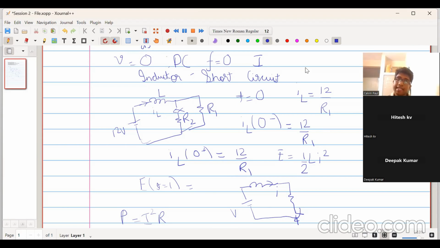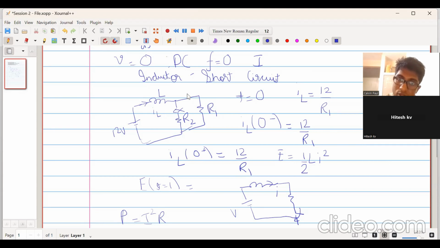See, at that instant, the current still remains the same. Once the switch is closed, it will remain the same because the current across an inductor cannot change instantaneously. So when the switch is closed, the current through the inductor will remain the same, but it will then start dividing into R2 and R1.